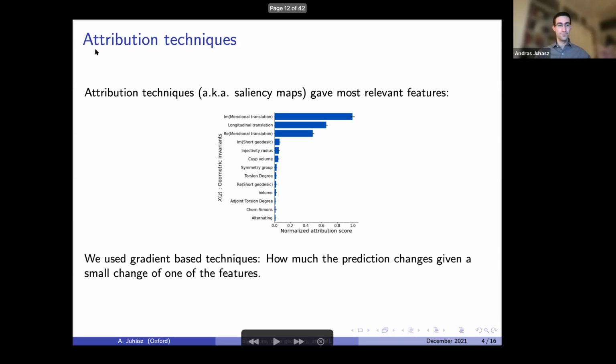So these are gradient-based techniques for finding the most important quantities that predict the signature. You have these very complicated functions and lots of variables, and we found that it's the longitudinal and meridional translation which determine the cusp shape that somehow tell us something about the signature.